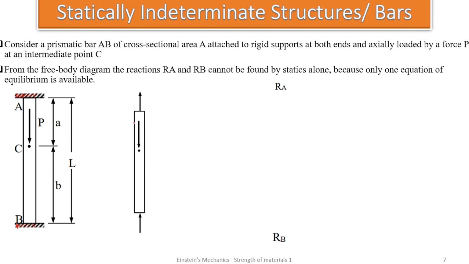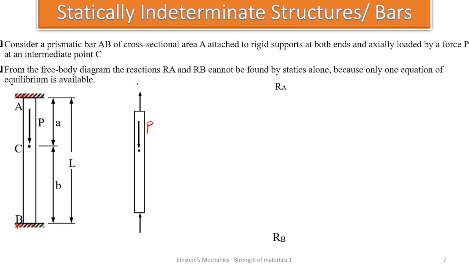Now for the free body diagram, we have to detach this bar from its fixed ends, and this is what we see. This is the force P induced inside the bar, and there is a reaction. Since there is a fixed end, as we remove it, we have to indicate the directions of the reactions. This force is looking in the opposite direction to the reaction.